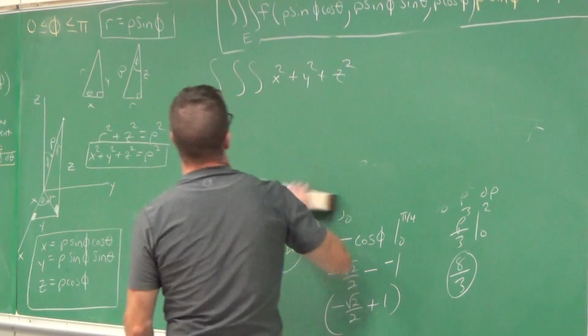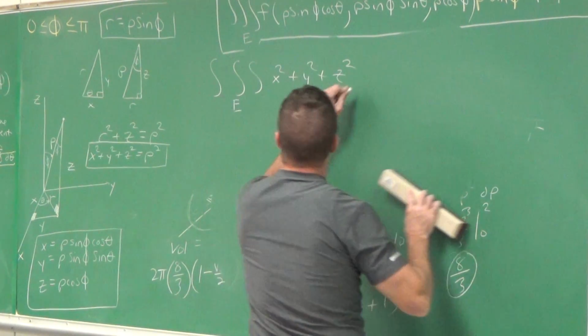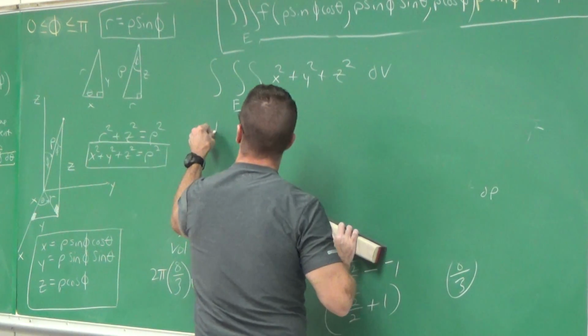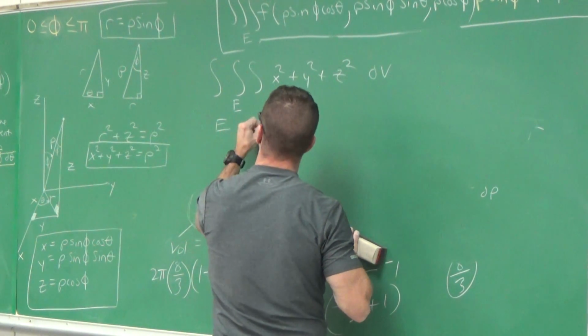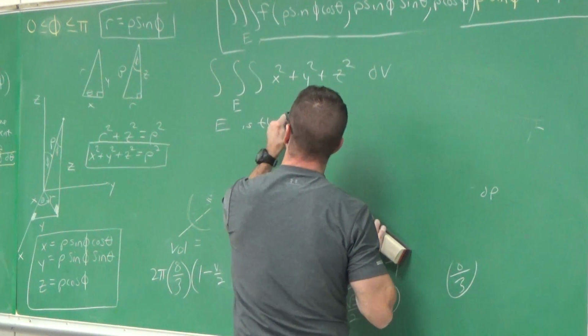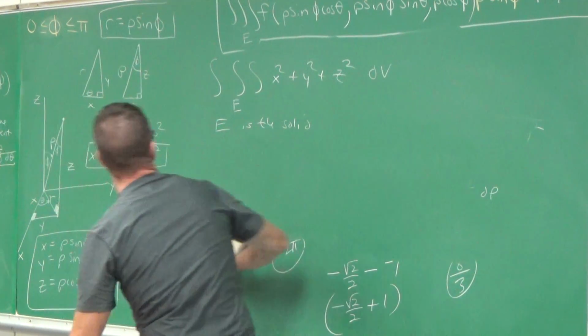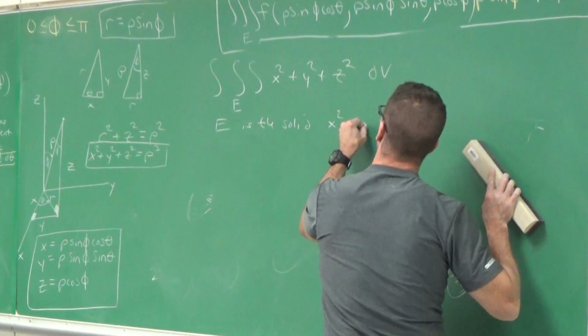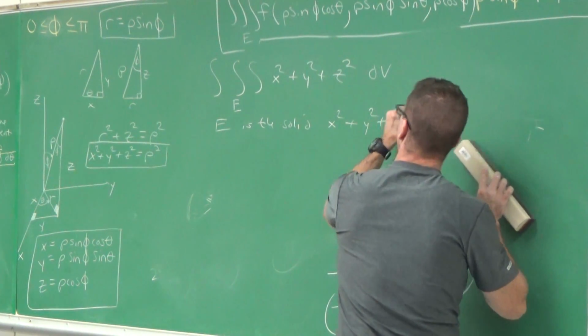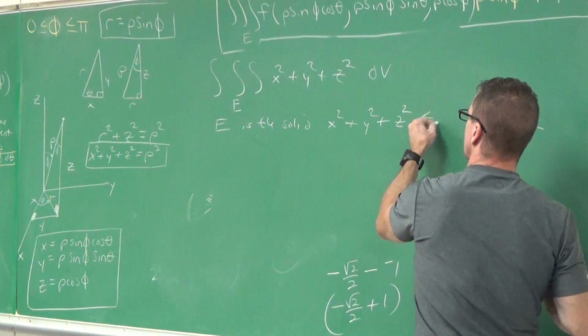Where E is the solid, x squared plus y squared plus z squared. If it's a solid, they have to use an inequality, less than or equal to 1.